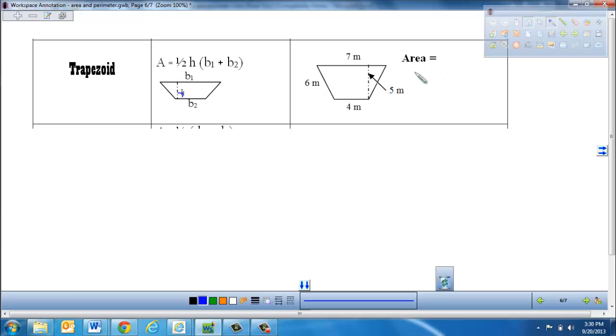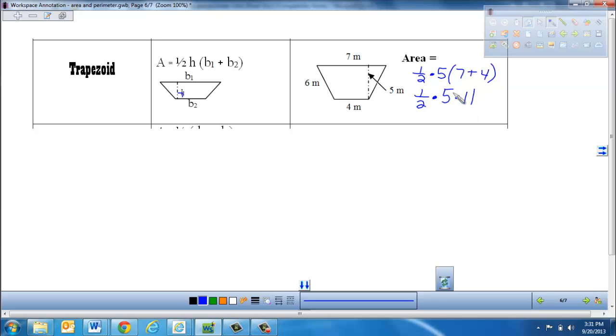So what I'm going to do is plug my numbers into the formula first. I'm going to take 1/2. The height of this trapezoid is 5. And then I'm going to be multiplying that times 7 plus 4. Now, if I follow order of operations, I want to do what's inside parentheses first. So 7 plus 4 is 11.